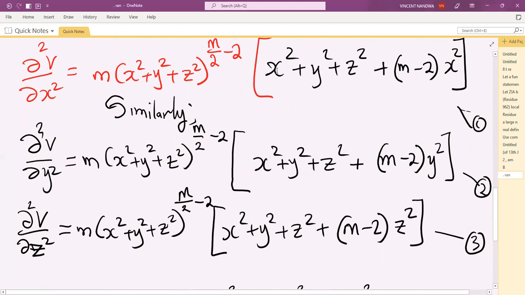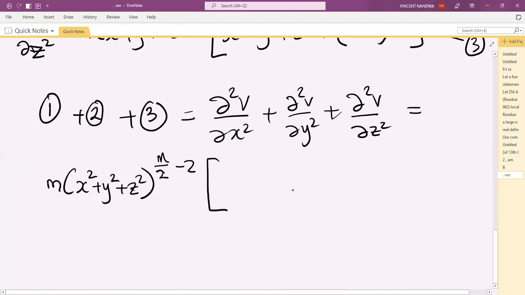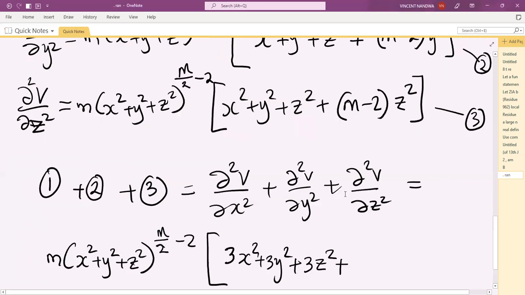So x² + x² + x² will be 3 of them, y² + y² + y² will be 3, and z² + z² + z² is 3. So I can have 3x² + 3y² + 3z², then plus.